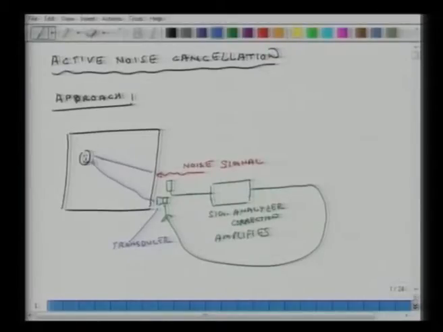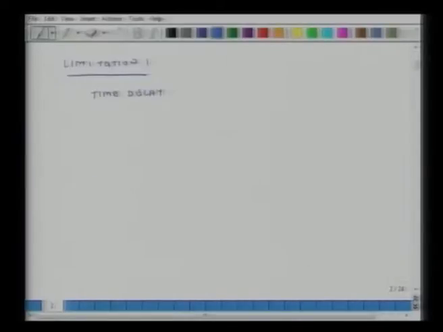That has implications in terms of how much noise really gets cancelled. The time delay could be due to, as we said, microphone inertia. It could also be due to electronics.